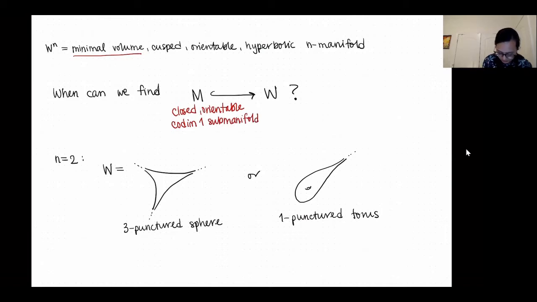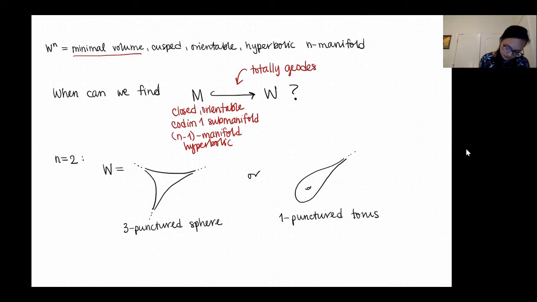In other words, I want this to be an n-1 dimensional manifold, and I want it to be hyperbolic. And I want this embedding to be a totally geodesic embedding.